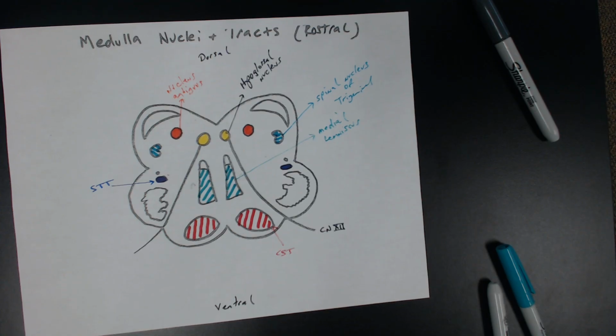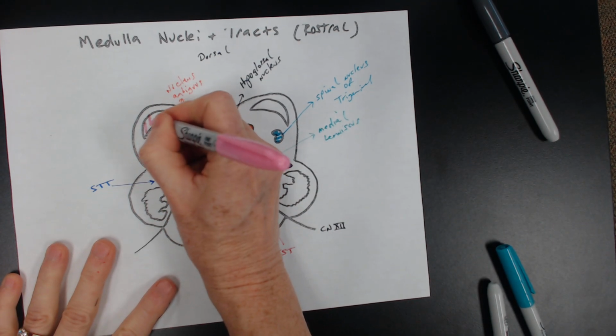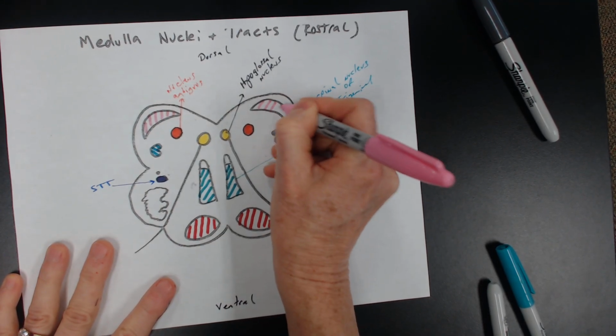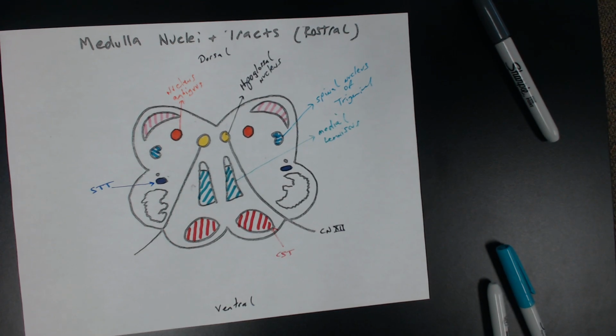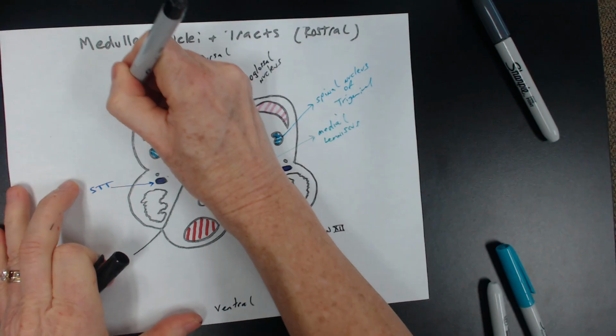Present most dorsally. This is going to be a portion of the lowermost connector to the cerebellum. Anybody remember the name of the lowermost portion of the connector to the cerebellum? What's the lowest one? Inferior cerebellar peduncle, right.